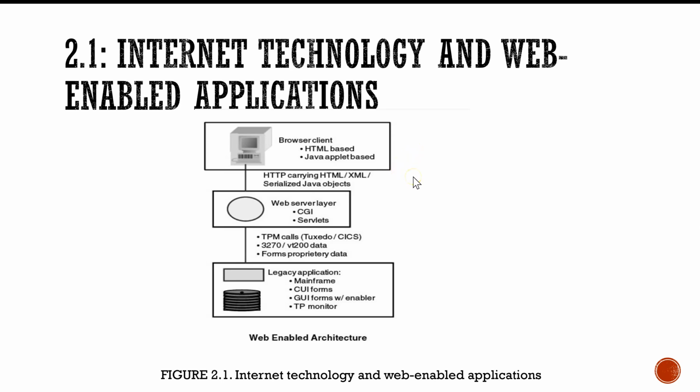It uses the Hypertext Transfer Protocol to send that HTML and/or XML across the Internet to a web server. The web server then sends it to a legacy application and/or a database. And this can also include 3270 emulation, which is basically thin clients that may still be connecting through emulation software.